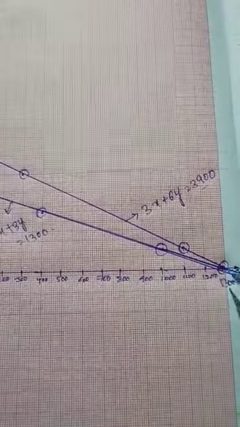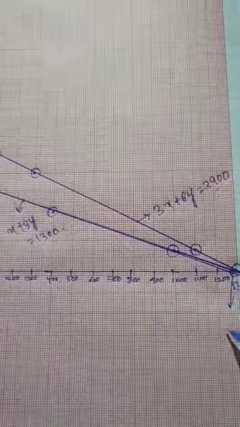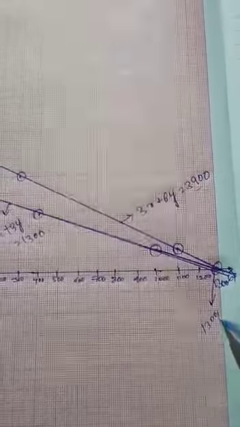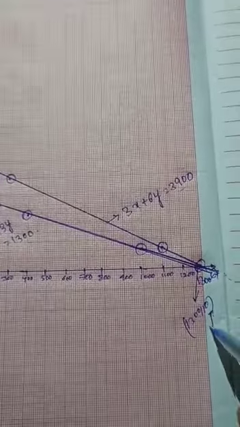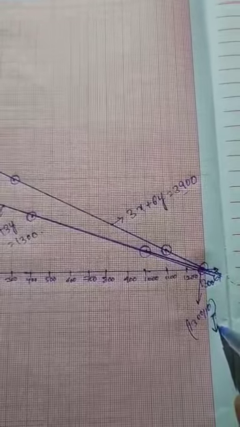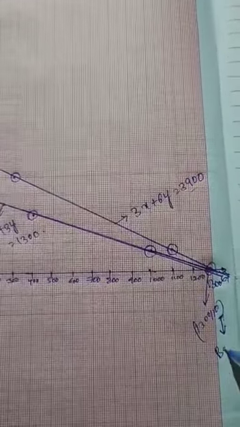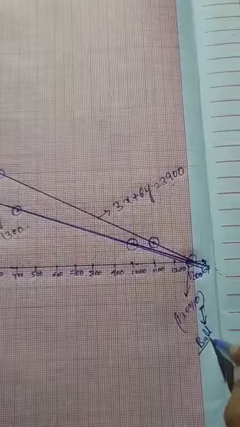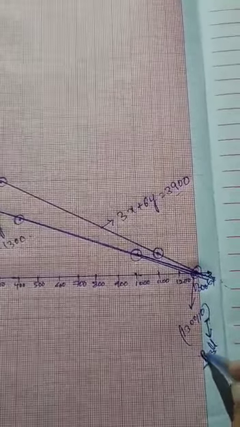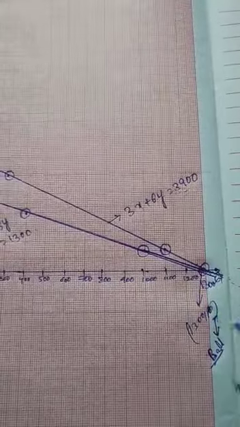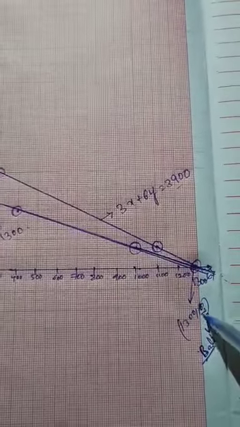Here the point is 1300 comma 0. Here the y value is 0. Y means balls. So the ball cost is 0 rupees. So is it possible? No.